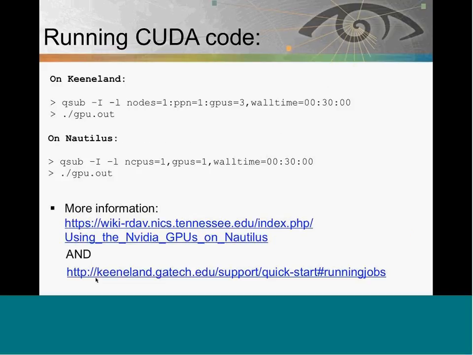You compile, and when you request the resource, it may be different. As you see here, on this system I say node equal to 1. Why not unless I say number of CPU equal to 1? That's all.